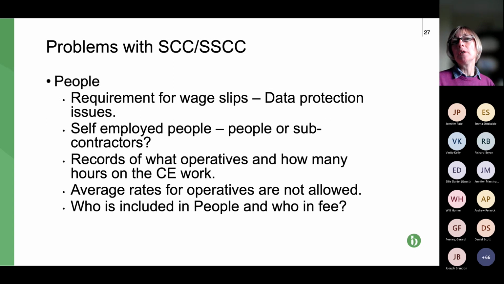And of course, we're not talking about average rates for operatives, so we pay our labourers between X and Y pounds per hour or per year.